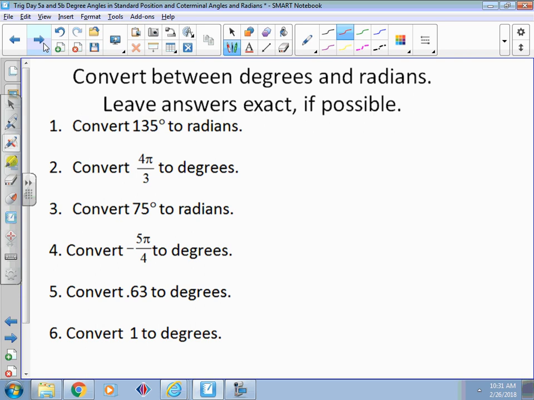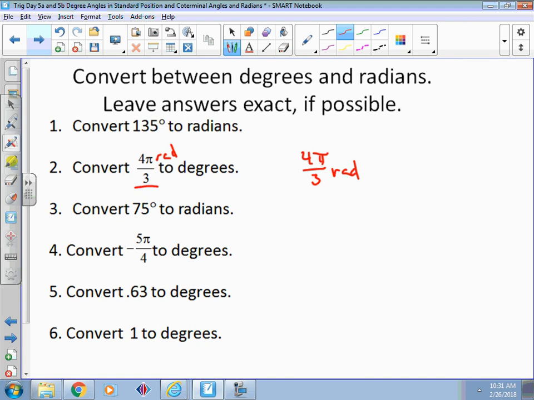So, let's take a couple of these. Let's see. So converting 4 pi over 3, oh, there's no units on this. Well, that's because they don't usually put radians when they're talking about radians. So if there's no units, assume that it's automatically in radians. And I want that to become degrees. How many degrees is 4 pi over 3 radians? Well, wait a minute. How did that work again?